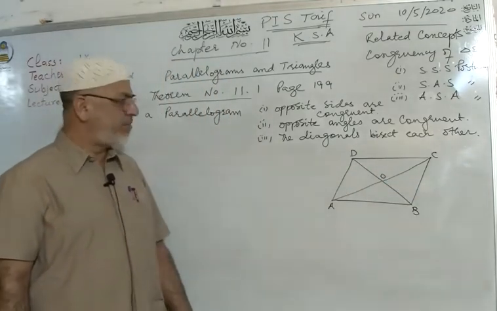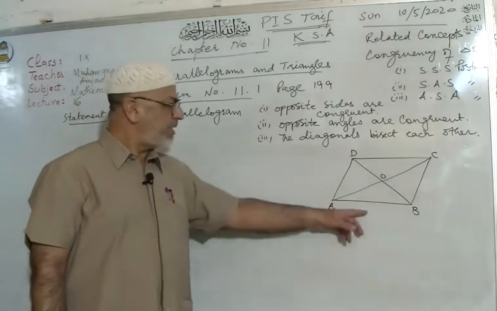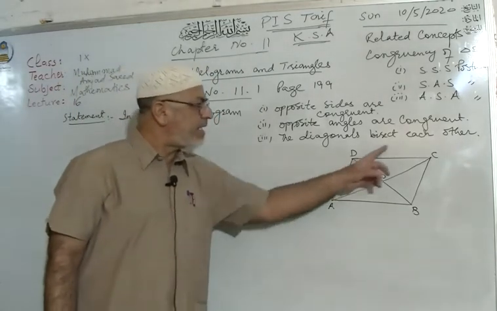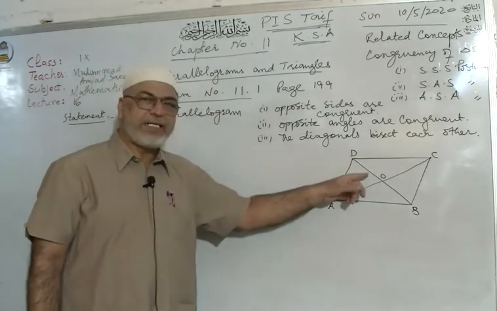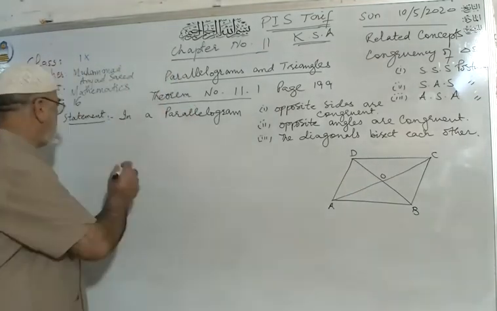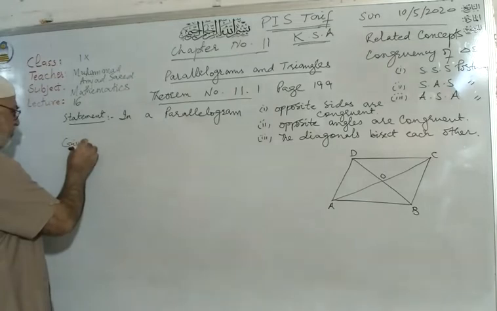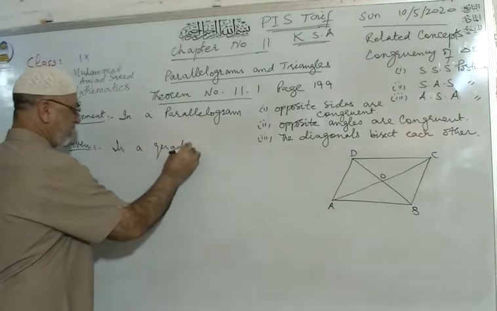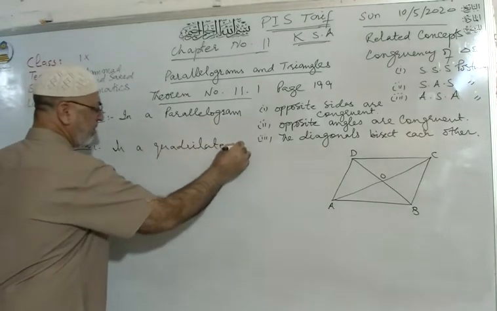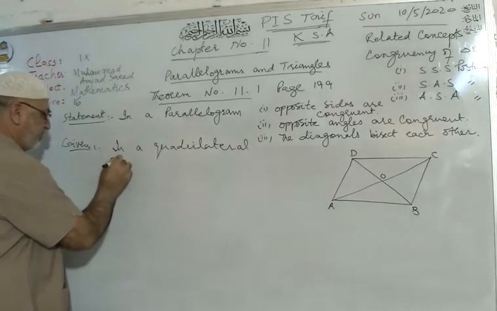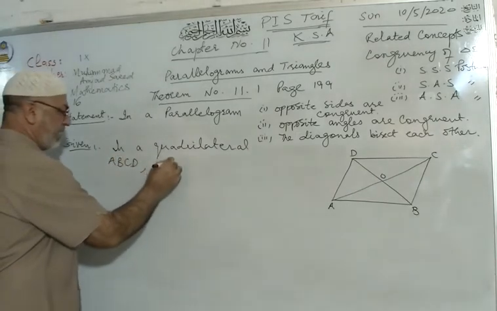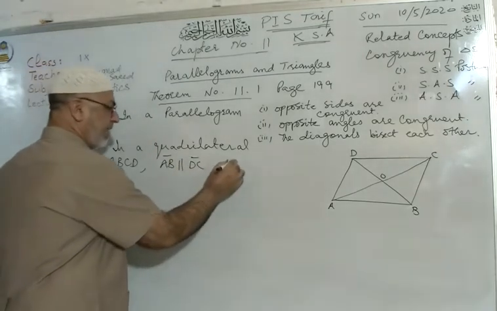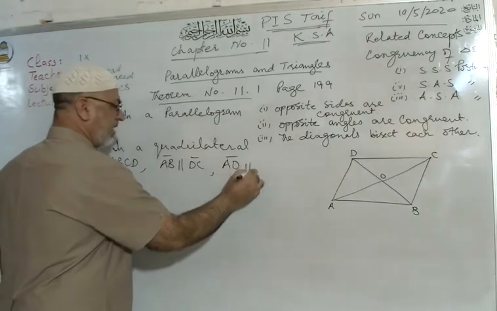In a parallelogram ABCD, AB is parallel to DC and AD is parallel to BC, and the diagonals AC and BD intersect each other at point O. So we are given, in a quadrilateral ABCD, AB is parallel to DC and AD is parallel to BC.